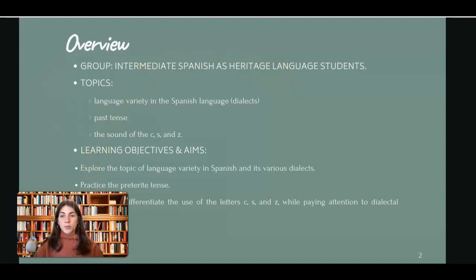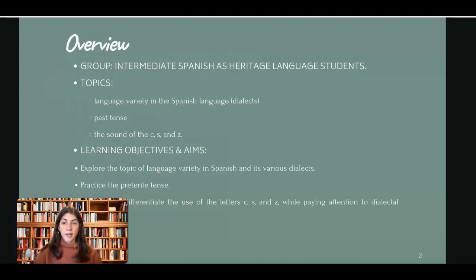The topics we will cover in this class will be language variety in the Spanish language, so the different dialects. Because in a heritage language class, normally they are second or third generation Spanish speakers, so probably their primary input is their family, and they come from different backgrounds.